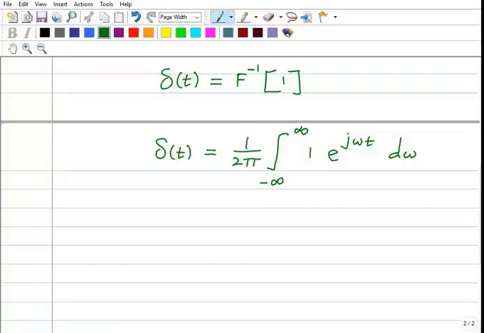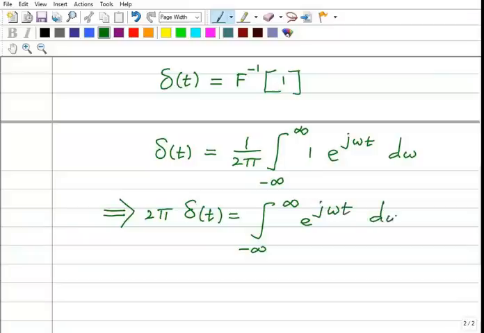Is it correct? So can I write like this? 2 pi into delta t is integral minus infinity to plus infinity e power j omega t d omega.